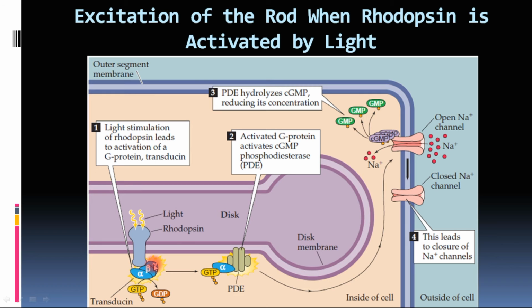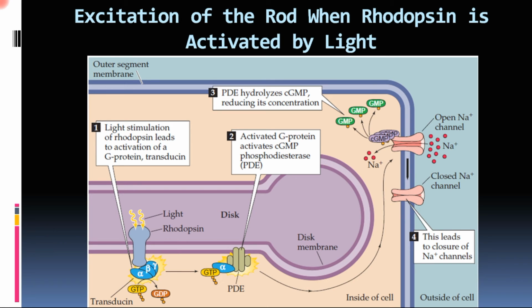Alright, so when the light falls on rhodopsin, it gets converted into metarhodopsin 2. This metarhodopsin 2 activates the transducin, and the alpha subunit of this activated transducin goes and combines with cyclic GMP phosphodiesterase.